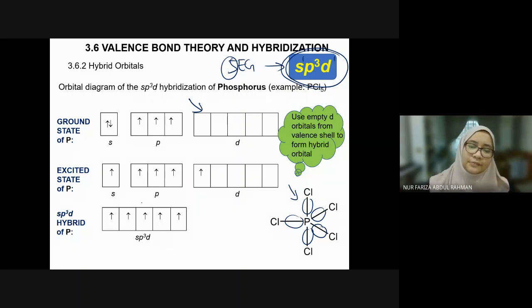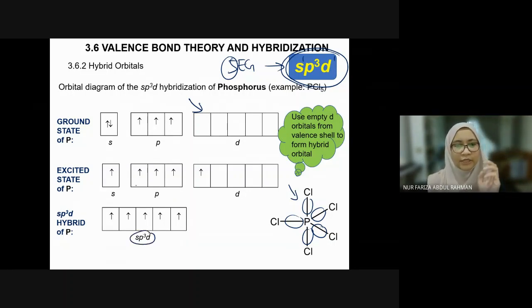Now that we know it is sp3d, how do we prepare sp3d? Let's look at the Lewis structure. Phosphorus by right has to prepare 5 unpaired electrons so that the 5 chlorine atoms can form 5 bonds with phosphorus. At the moment, from the ground state, phosphorus has only 3 unpaired electrons, which is not enough by 2.